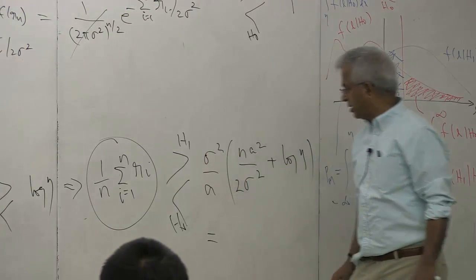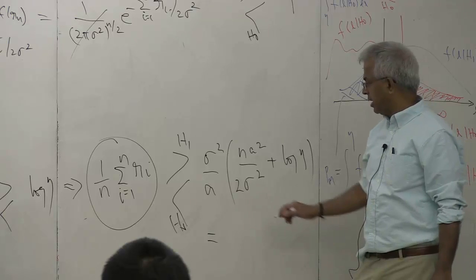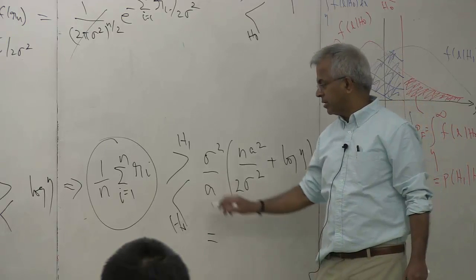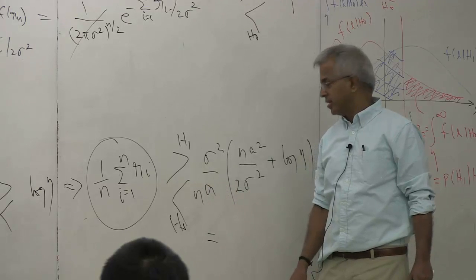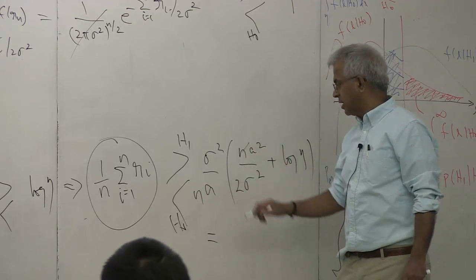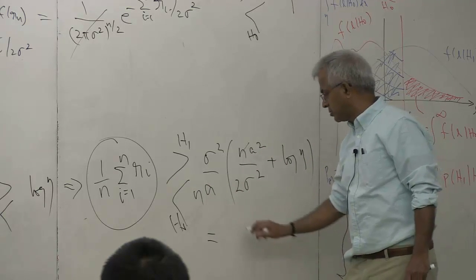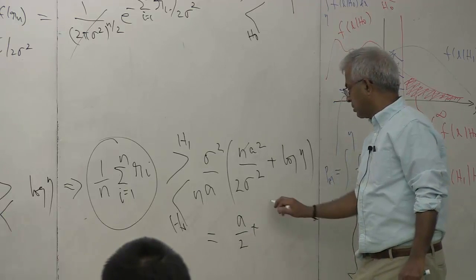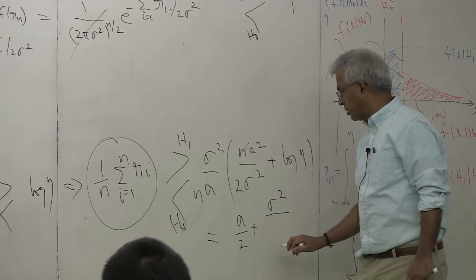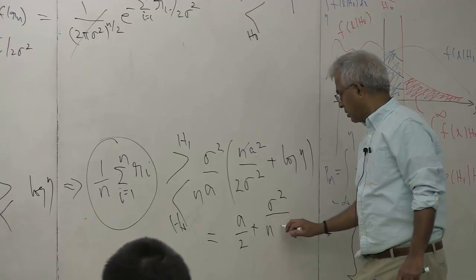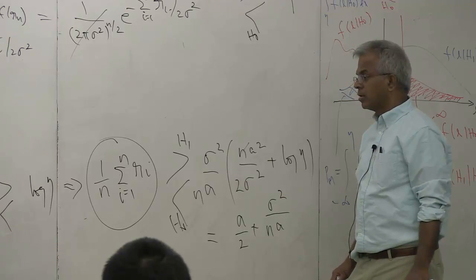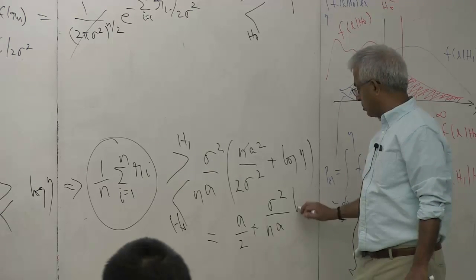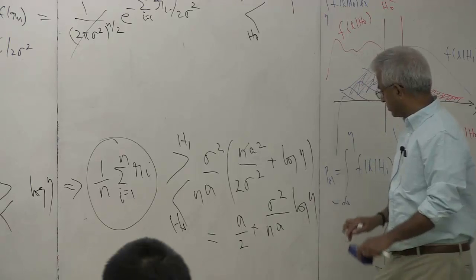So the right side becomes: a cancels, n cancels, sigma squared cancels. So you get a by 2 plus sigma squared over n a, times log eta.